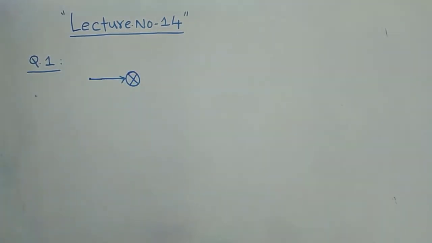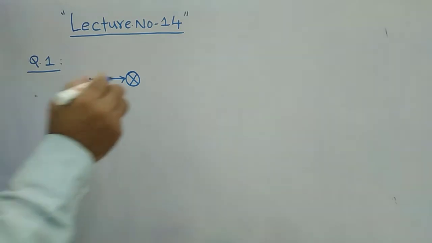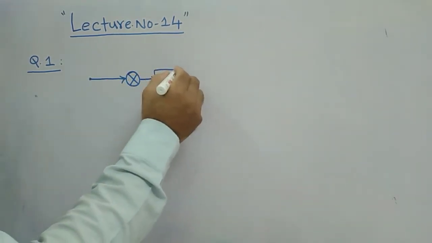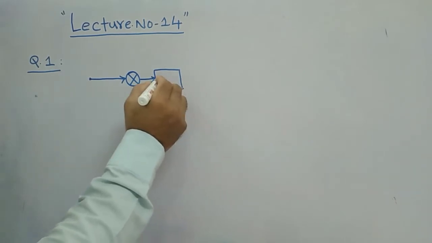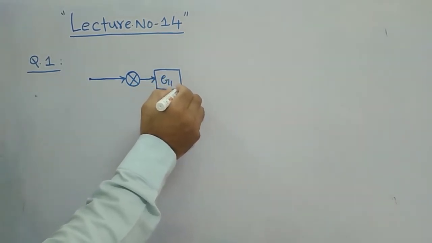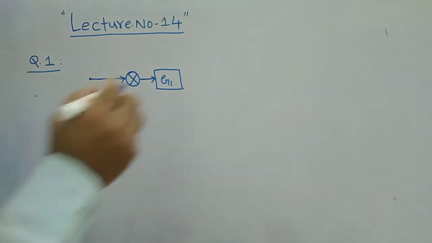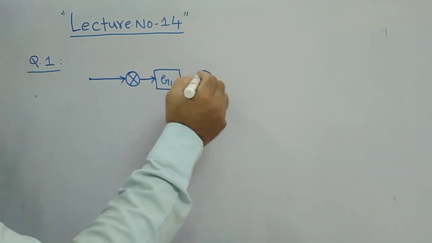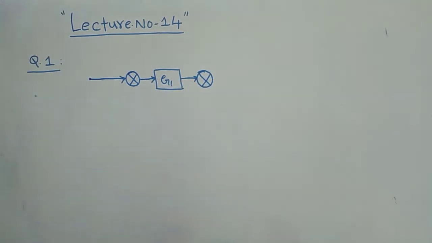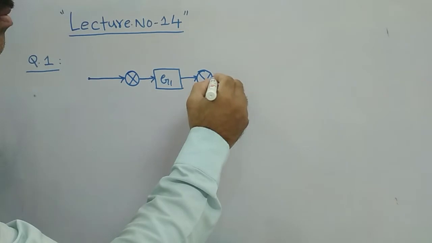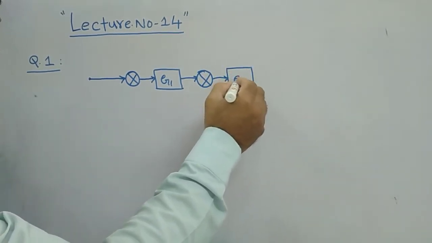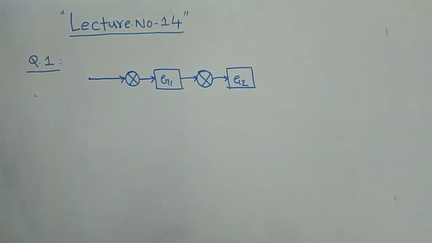From this you have gain G1. After that you have one more summer. From that you have G2.